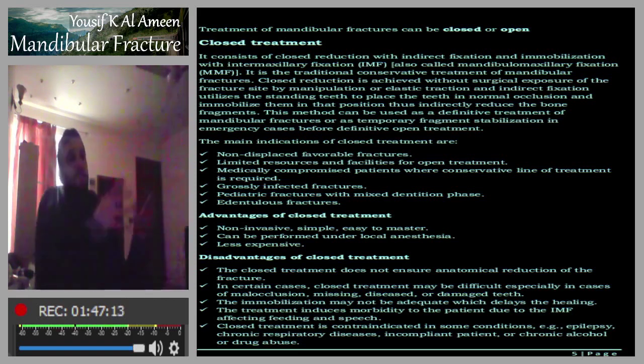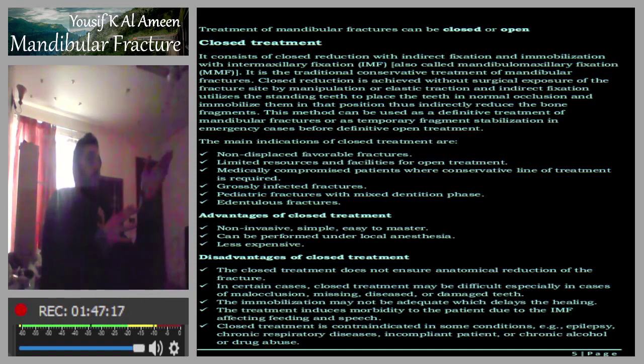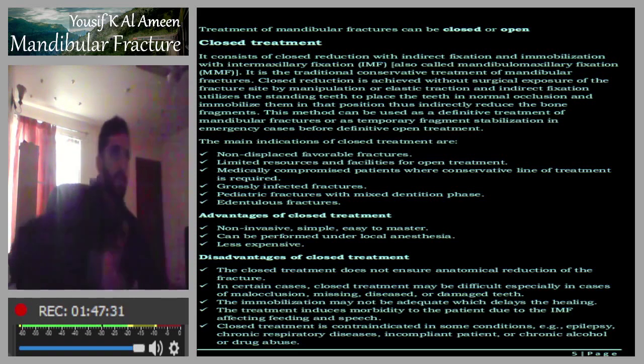The main indication of closed treatment is non-displaced, favorable fractures. When we see a non-displaced favorable fracture, we can use closed treatment.